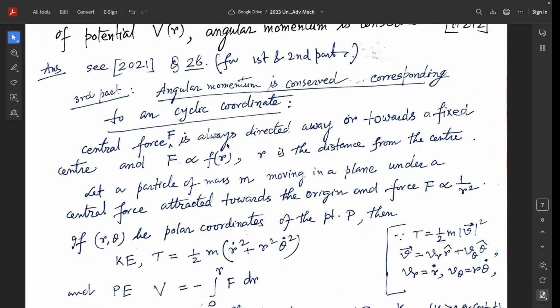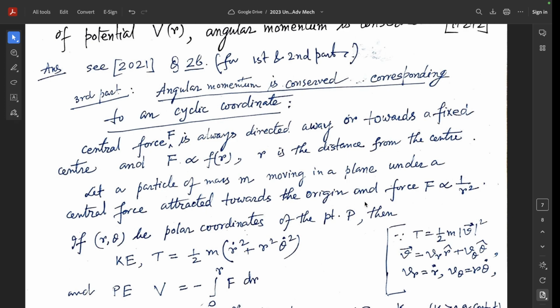The central force F is always directed away from or towards a fixed center, and F varies as f(r), where r is the radius vector, the distance from the center. Always remember that this is a conservative force field. Let a particle of mass m move in a plane under a central force attracted towards the origin, and the force F varies as 1 by r square.